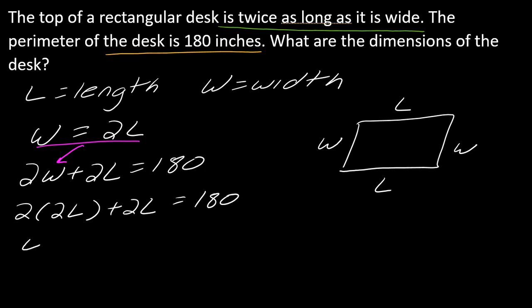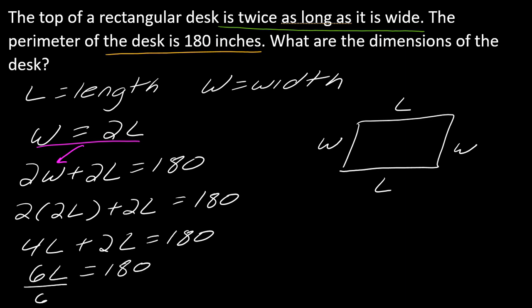So this is going to be 4L plus 2L equals 180, and that comes out to 6L equals 180. If I divide both sides by 6, my length is going to be equal to 30.